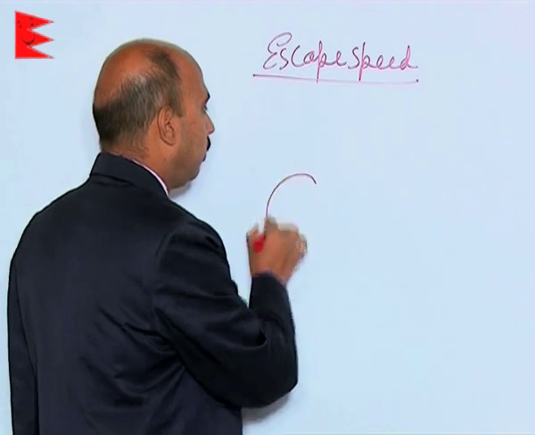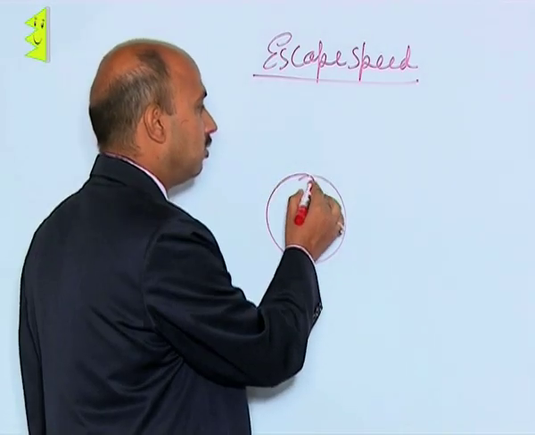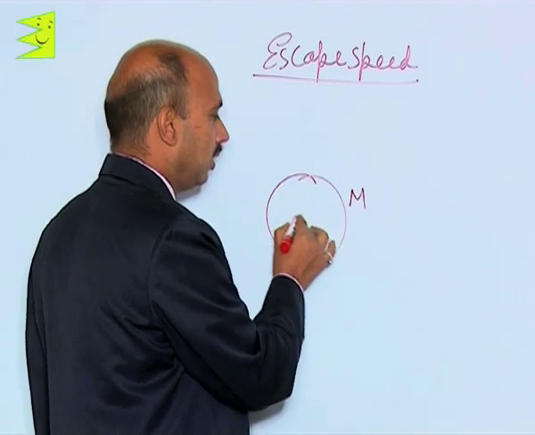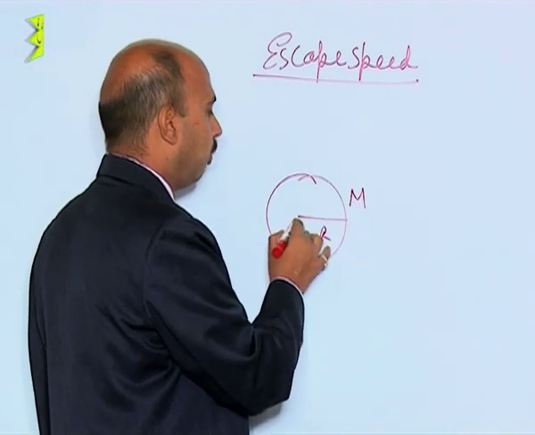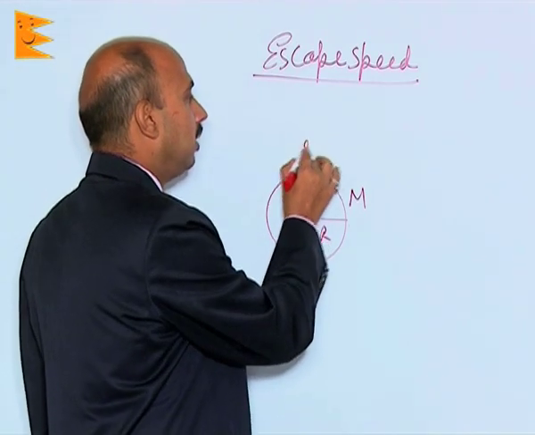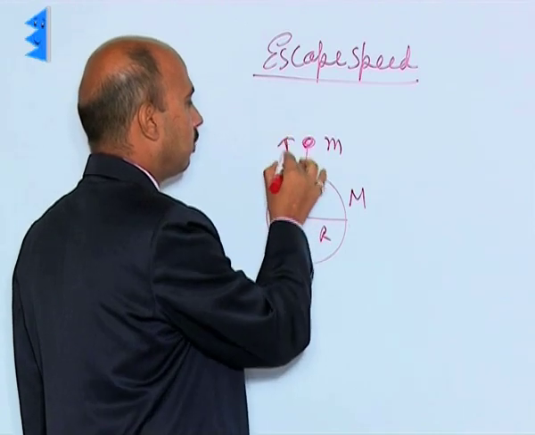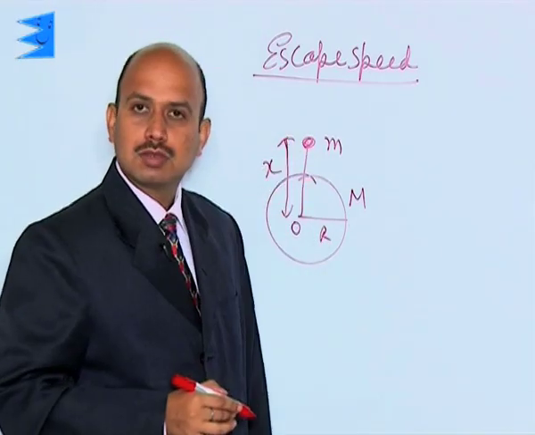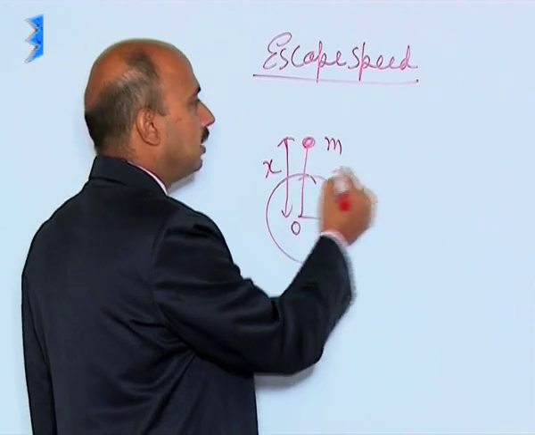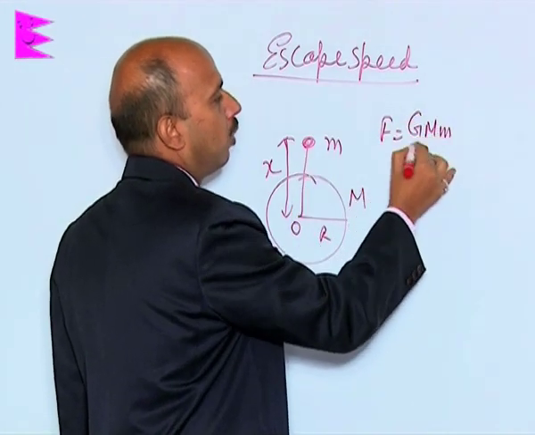See here, suppose I have considered the earth as this sphere. Its mass is M, its radius is R, and this point is O. Now an object of mass m is at a distance x from the center of the earth. When the object is here, the gravitational force acting is GMm upon x square.